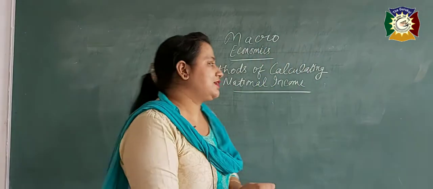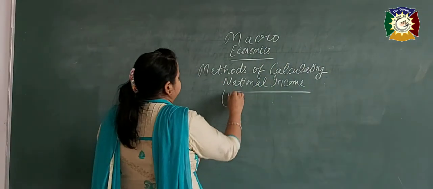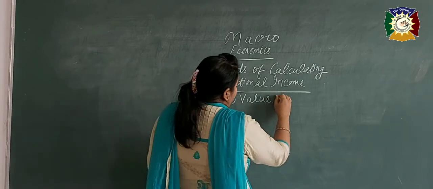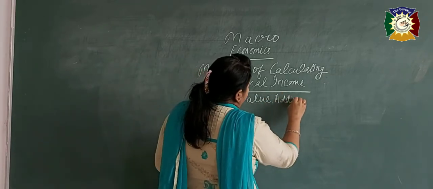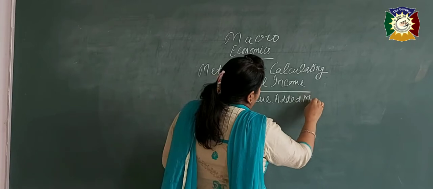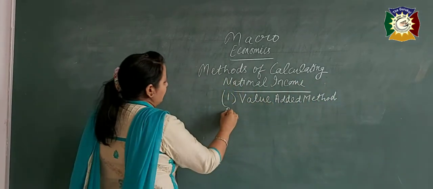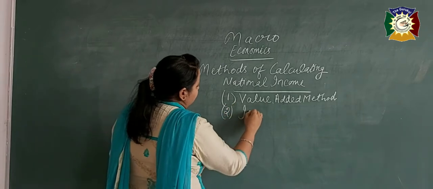The first way is the value added method. The second method is the income method.